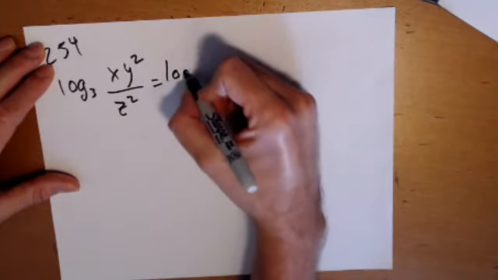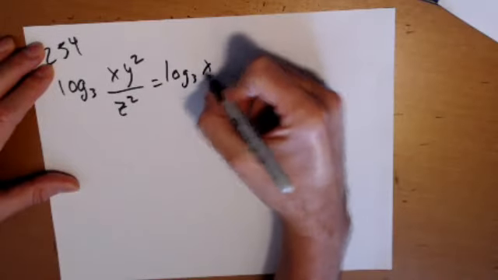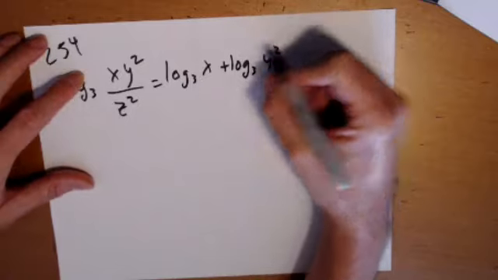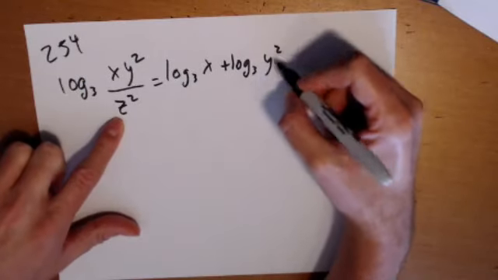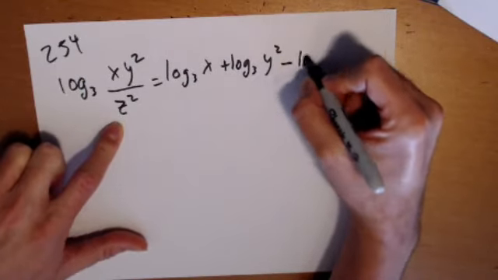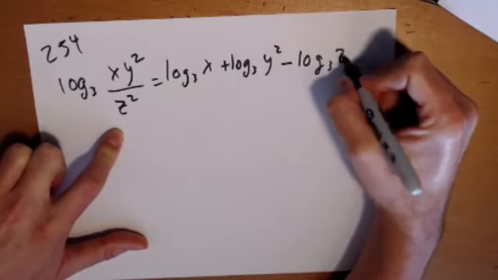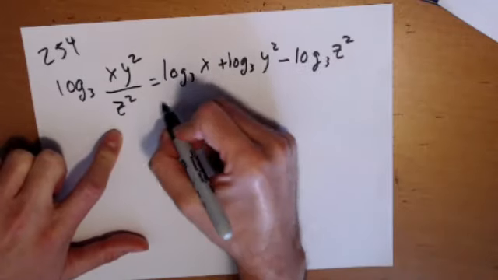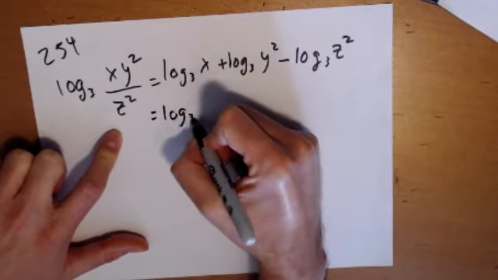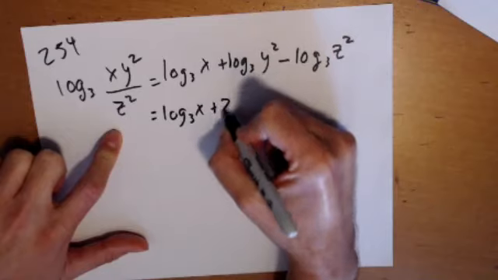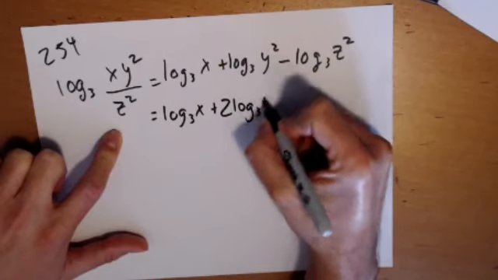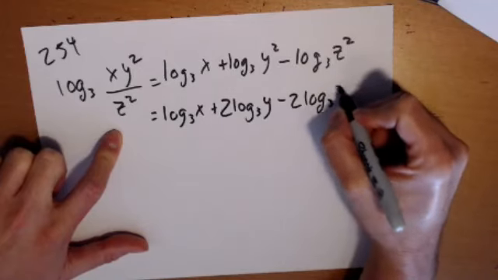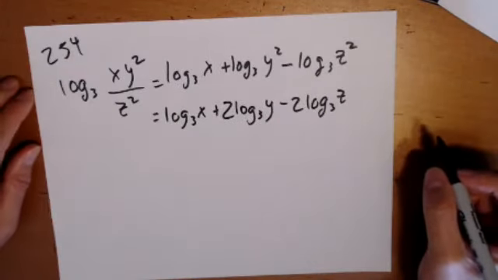So log base 3 of x plus log base 3 of y squared, because they're positive because they're on top. Downstairs, division, subtraction, minus log base 3 of z squared. Now, let's bring all those exponents out in front. Log base 3 of x plus 2 log base 3 of y minus 2 log base 3 of z. Done.